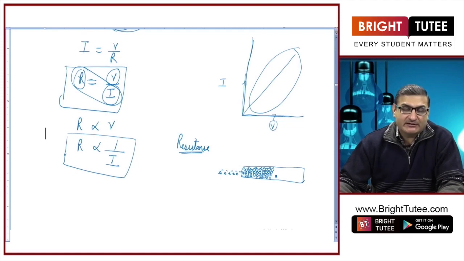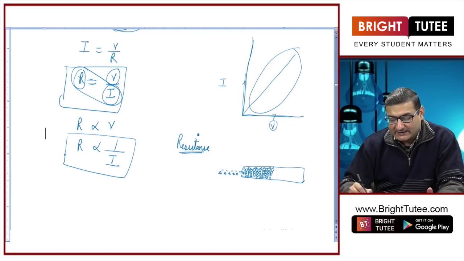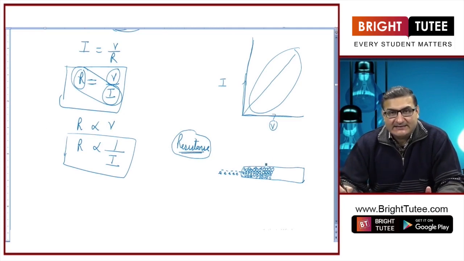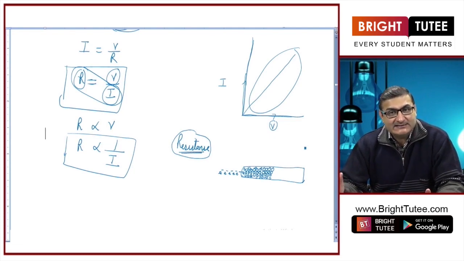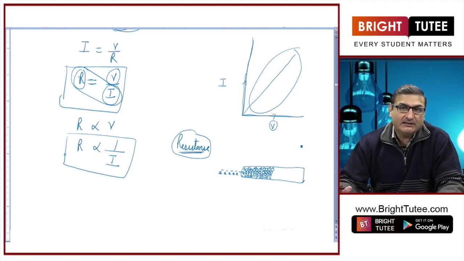This restriction, this opposition is known as resistance. In other words, in common layman terms, the atoms resist the flow of electrons, right? The more will be the resistance of the atoms, the fewer electrons it will allow to pass through it, and hence the lesser will be the amount of current.